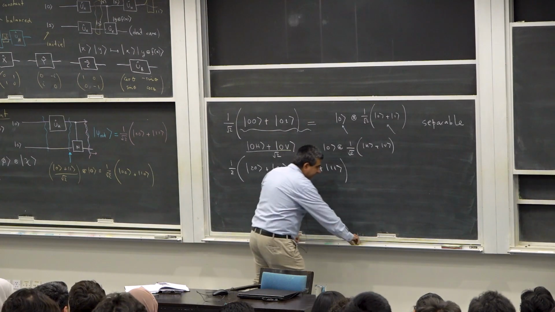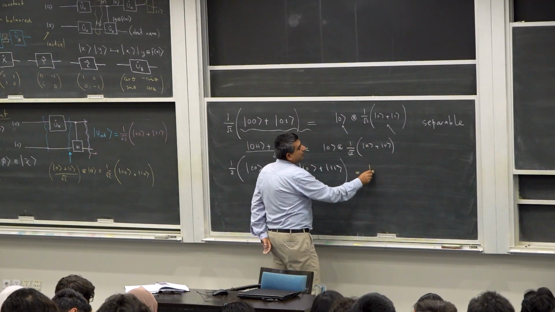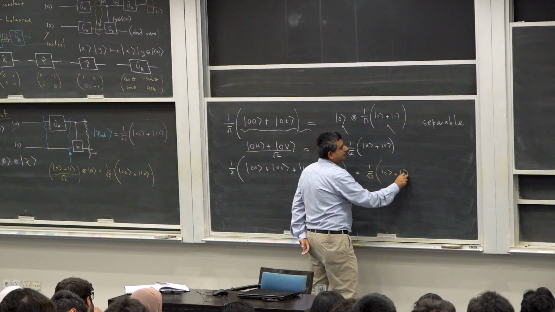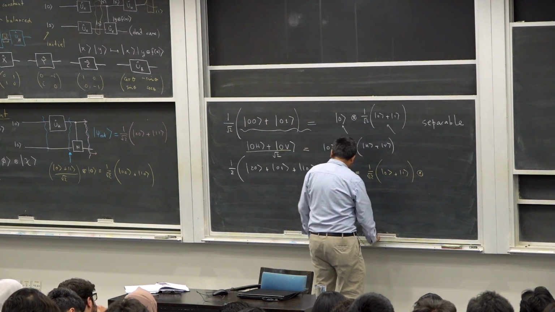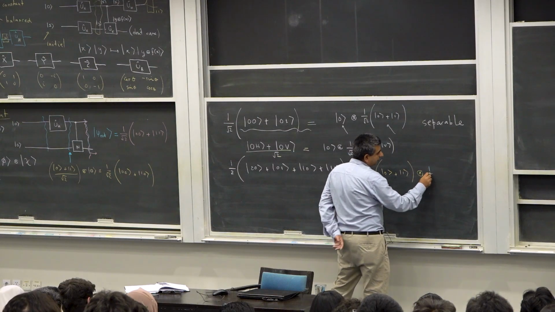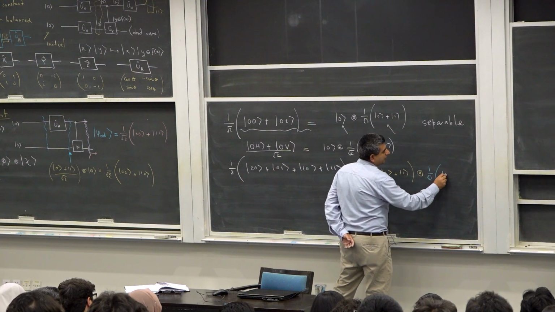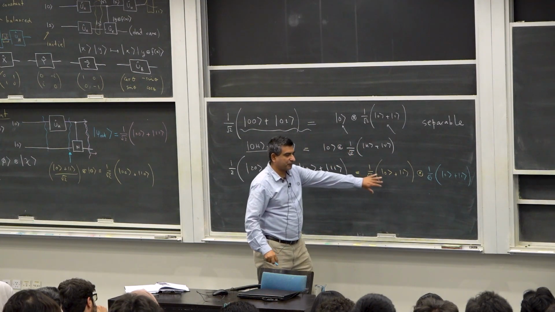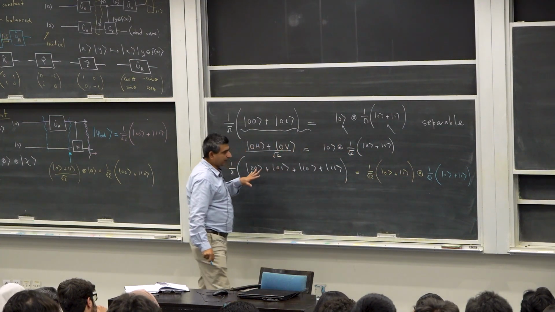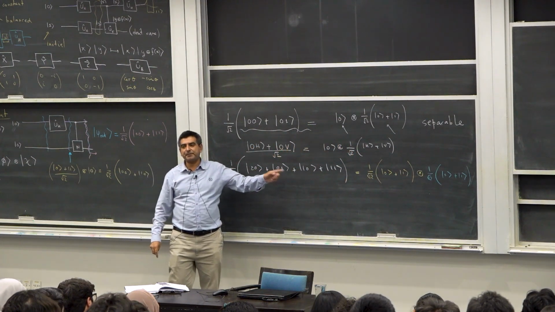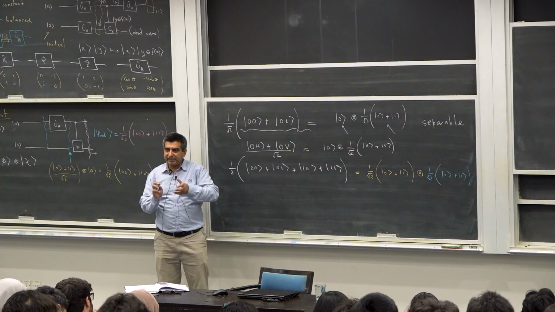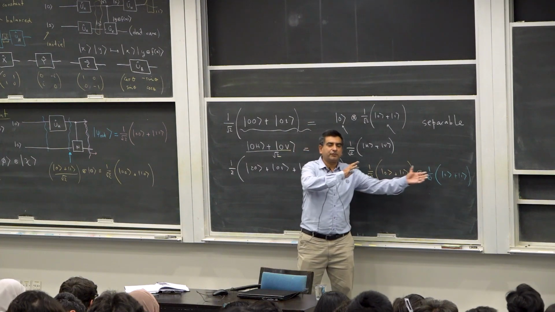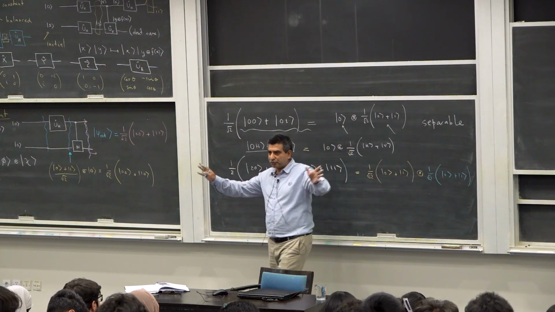I can, in fact. If I were to write this as 1 over root 2 ket 0 plus 1 tensor product with 1 over root 2 ket 0 plus 1, if I were to expand this, this would come out. So this indeed is a separable state because I can express this as a factorizable tensor product of states of two qubits. Yes, please.